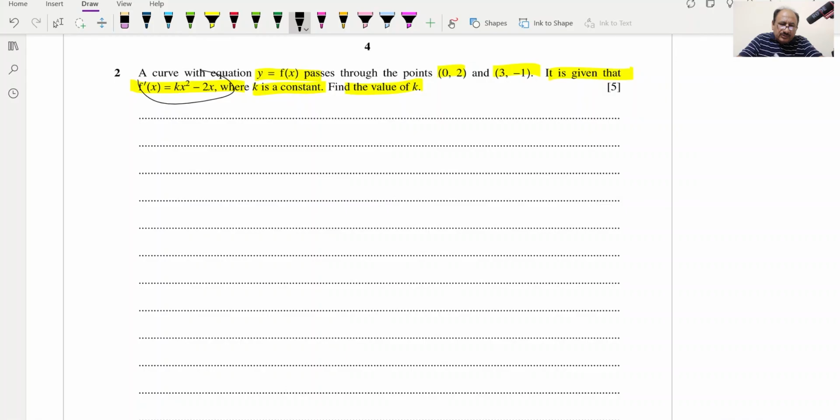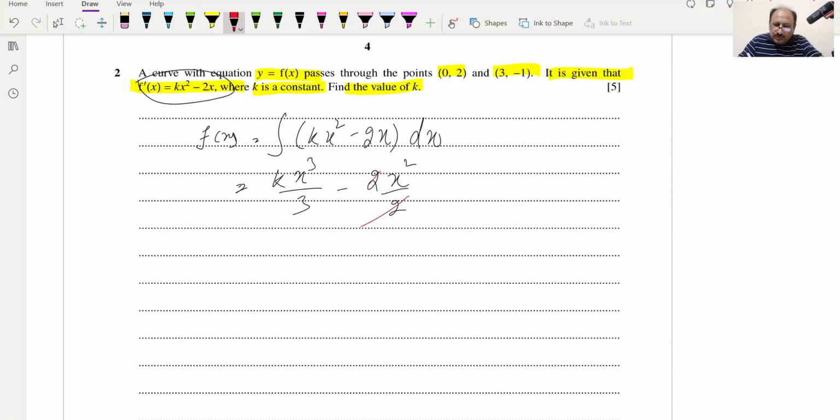We'll be integrating this given equation, so f of x will be equal to the integral of kx squared minus 2x dx. The integral of kx squared will be kx cubed over 3, and the integral of minus 2x will be 2x squared over 2, and these two will be cancelled, and we can add the integral constant which is c.